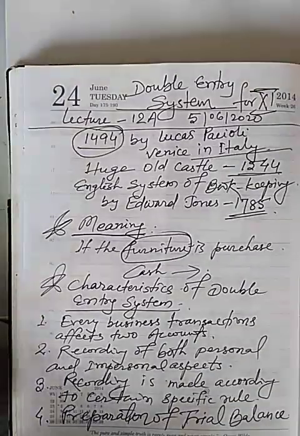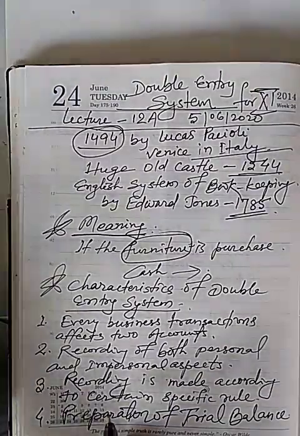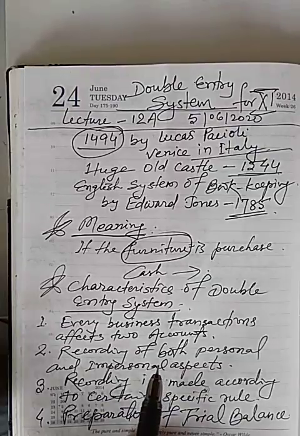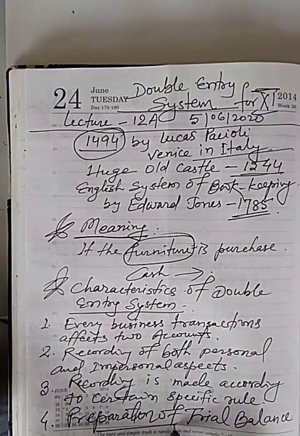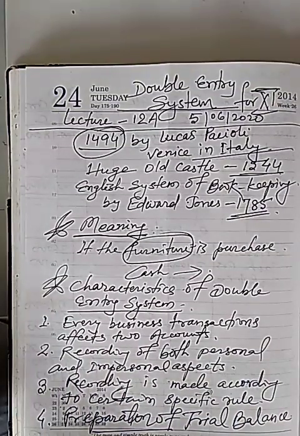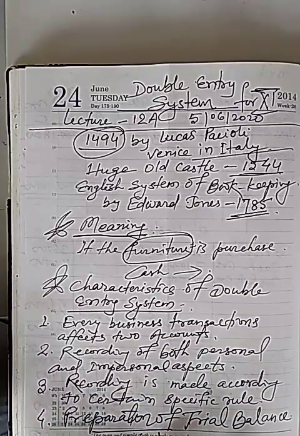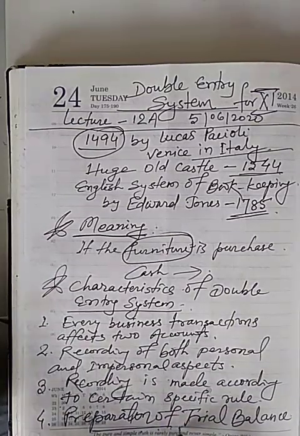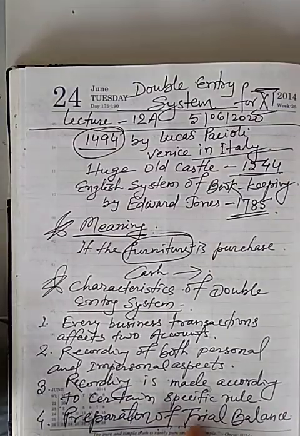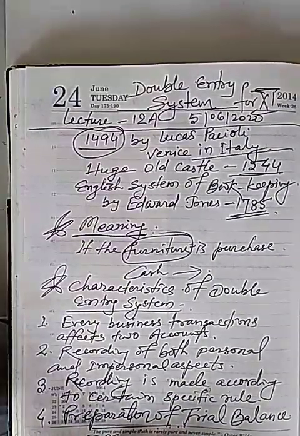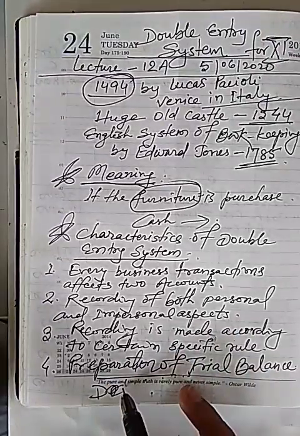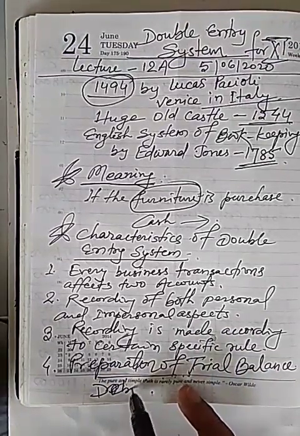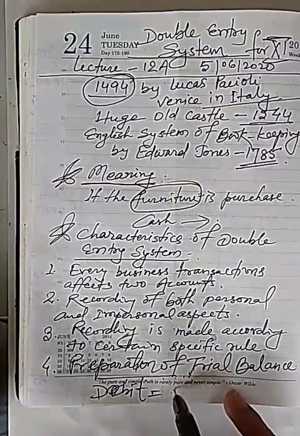Since one account is debited and the other is credited, the total of all debits is always equal to the total of all credits.